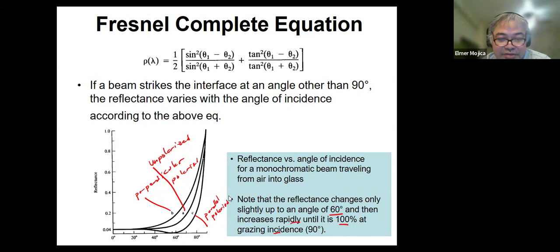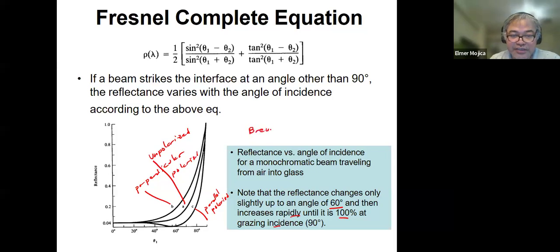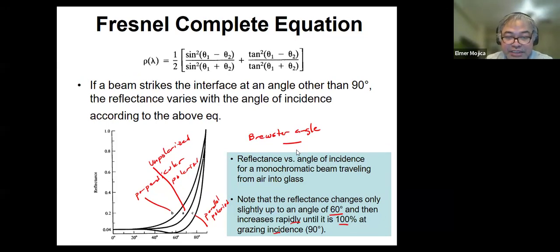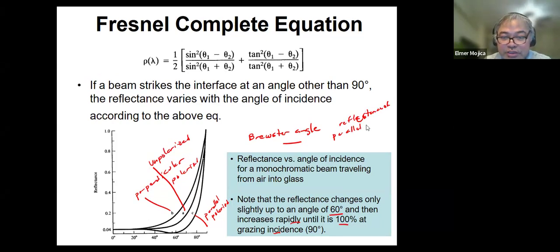Okay. Now, there is also a point where the reflectance of the parallel component becomes 0 at a particular angle, and that's what we call the Brewster's angle. So the Brewster's angle is where the reflectance of the parallel polarized component becomes 0.